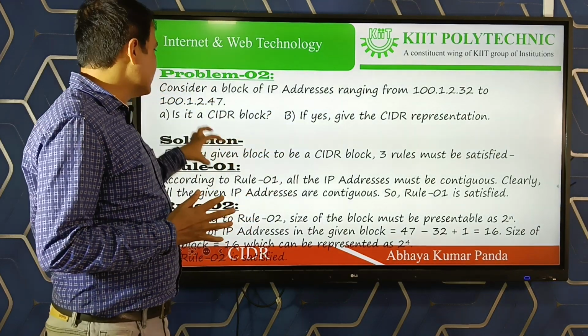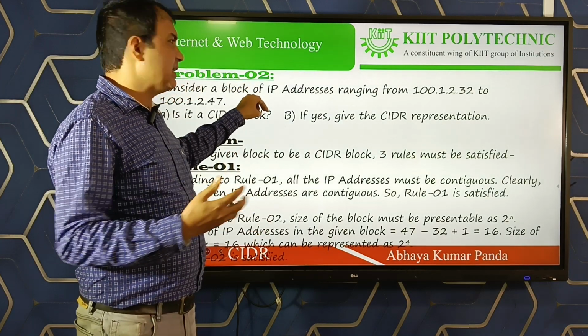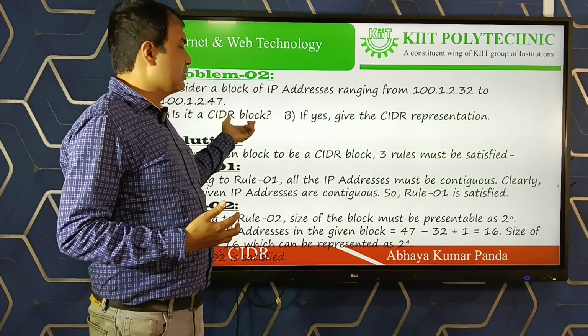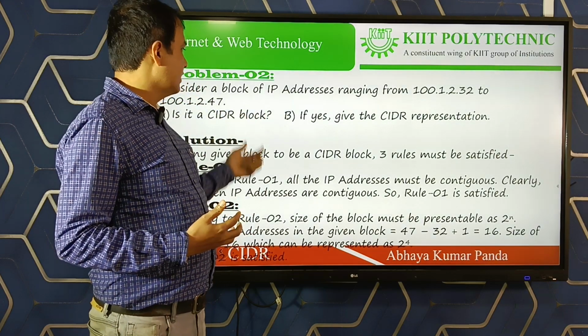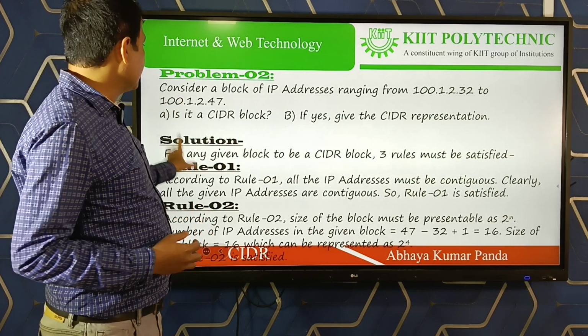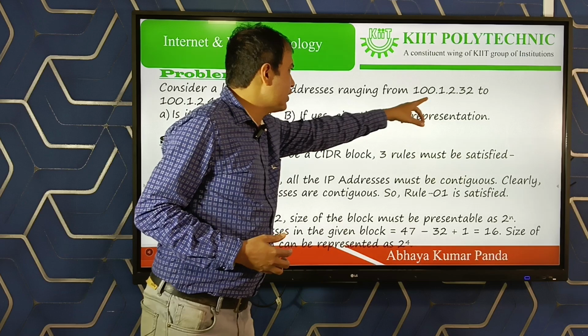If all these 3 rules apply, then we can say it is a valid CIDR block.